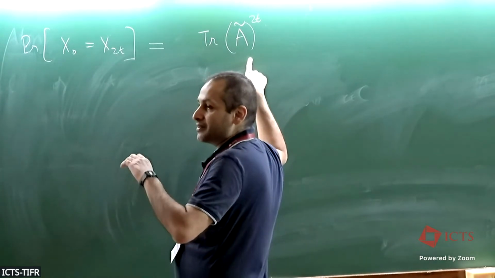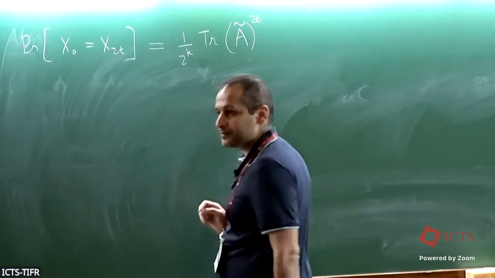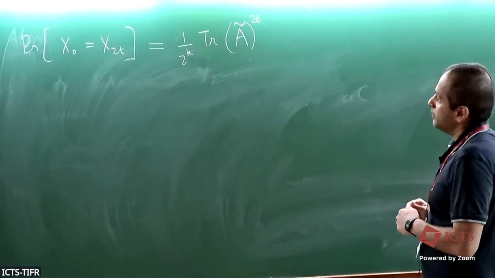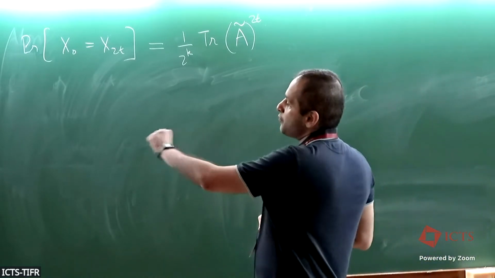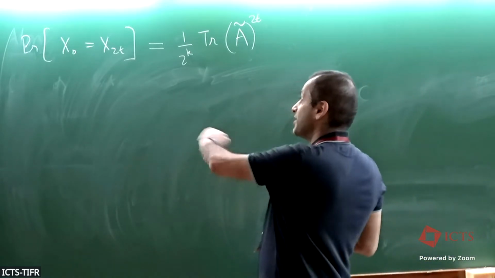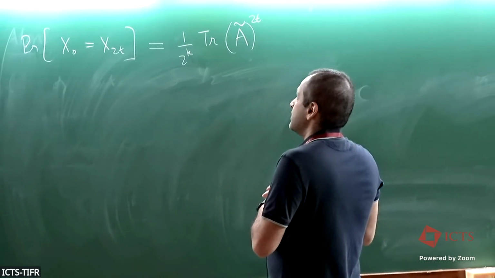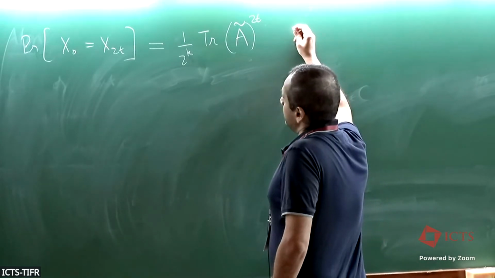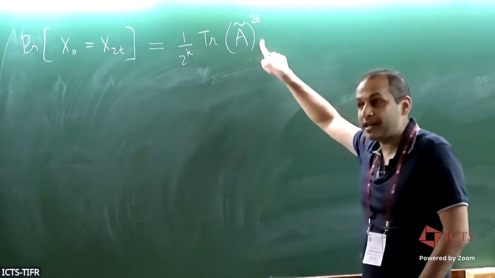Actually, I picked a vertex uniformly at random, so it's actually 1 over 2 to the k times the trace. So the chance of a random walk started at a random vertex coming back to where it started is this, which we can now estimate using the eigenvalues.